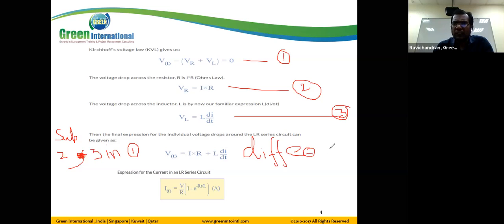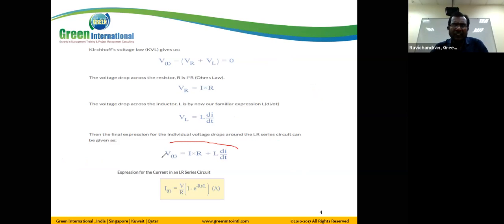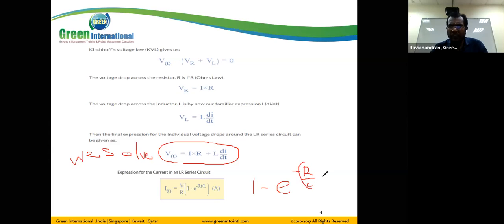We solve this equation and we get I is equal to V by R into 1 minus e to the power of minus R t by L, that is, 1 minus e to the power of minus (R by L) into t.